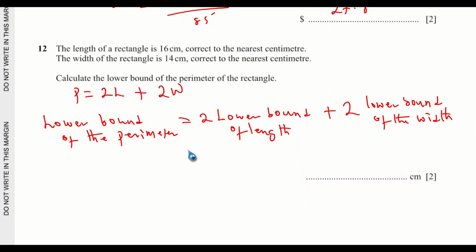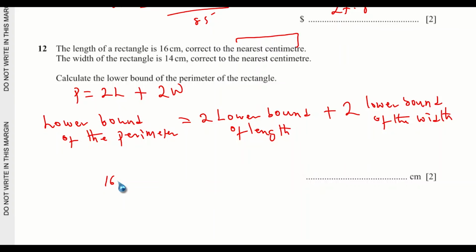Okay, good. So now we need to calculate the lower bound of the length and the lower bound of the width. Since this is correct to the nearest centimeter, we just have to count in 1 centimeter. So from 16 centimeters, let's count forward.